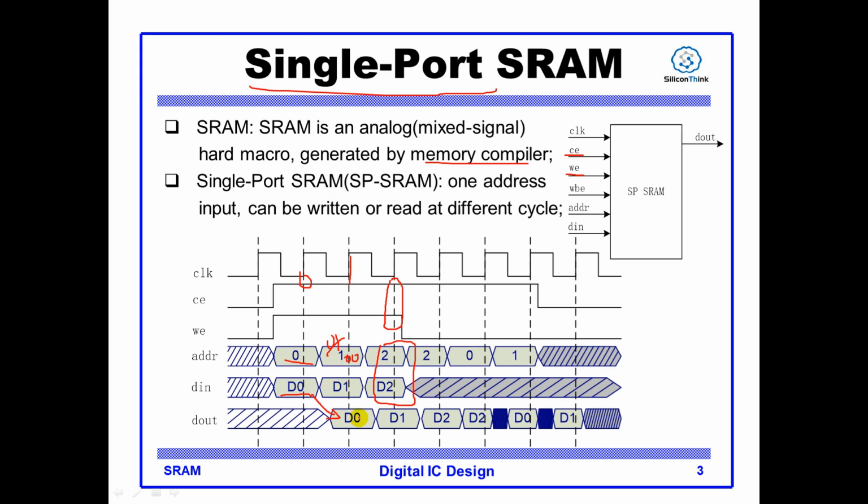So the write data of cycle n will bypass to D out in cycle n plus 1. This is the value bypassed, the write data bypassed to D out.